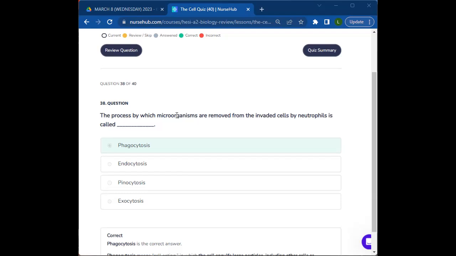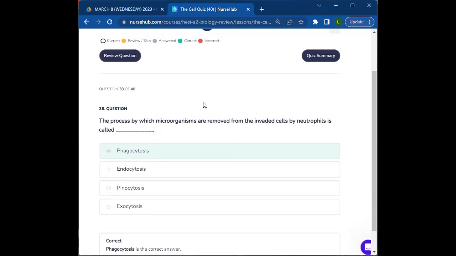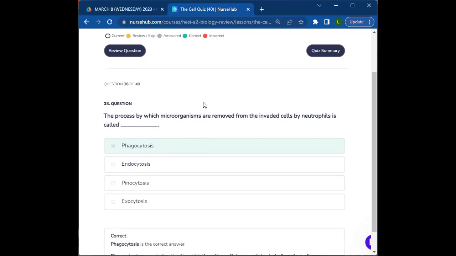You might think, wait, what? This seems like biology. Why is this in anatomy? Just be prepared for that because biology and anatomy are very closely linked together. How cells work is related to anatomy. For the TEAS, you just need to know this in general for biology or anatomy.